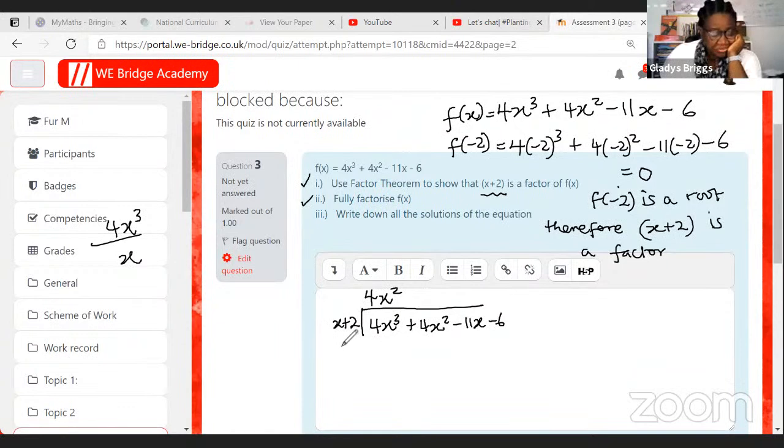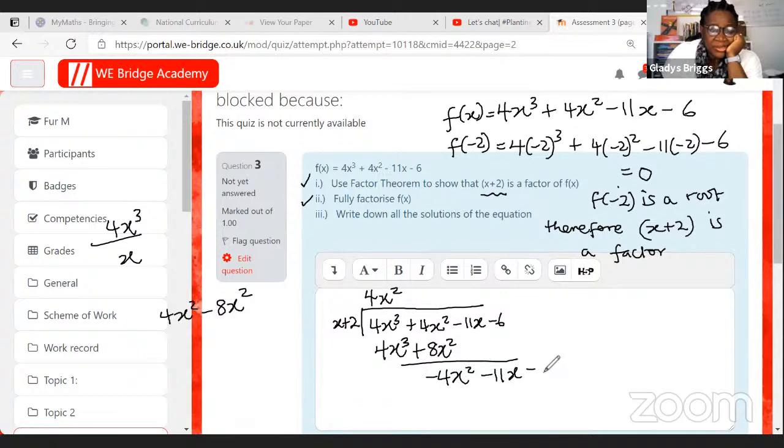Okay. 4x squared times x is equal to 4x cubed. 4x squared times 2 is equal to 8x squared. Now subtract. 4x squared minus 8x squared is equal to minus 4x squared minus 11x minus 6.